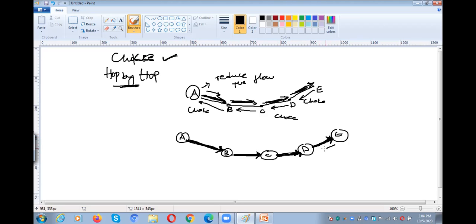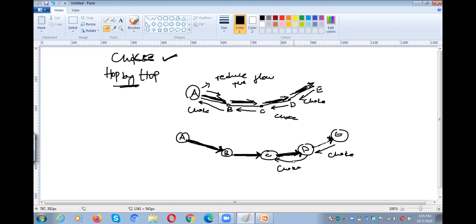Whenever there is a choke packet coming from E, what will D do? Whenever there is a choke packet from E to D, immediately D will reduce the flow like this and forward the choke packet to C.